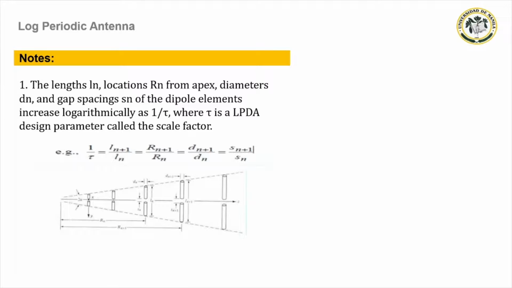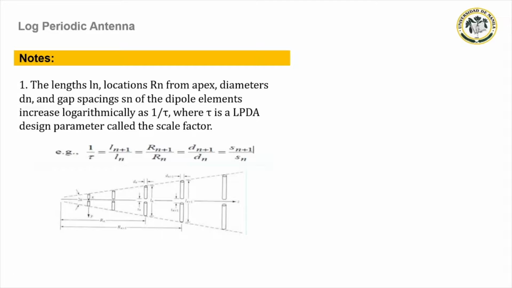For the notations, the length L sub n, location R sub n from the apex, diameter D sub n, and gap spacing S sub n of the dipole elements increase logarithmically as 1 over tau, where tau is an LPDA design parameter called the scale factor.